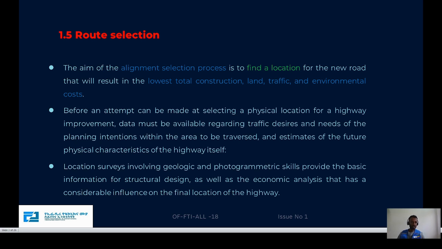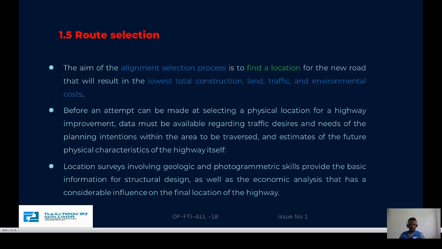We select a route. The aim of the alignment selection process is finding the best location for the new road. This will result in the total cost being lower. The traffic and environmental costs will also be considered in the route selection.